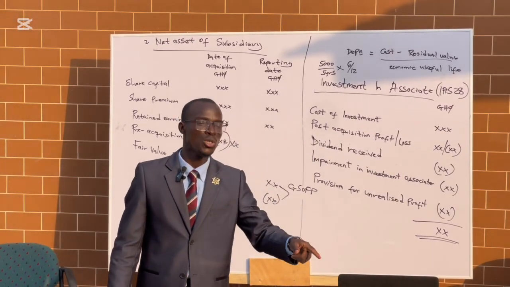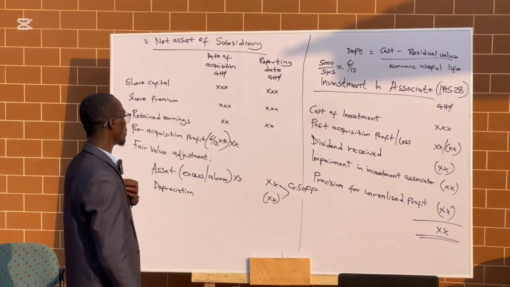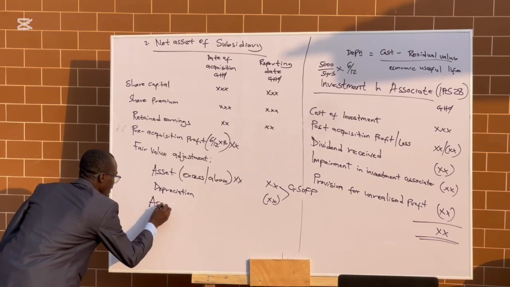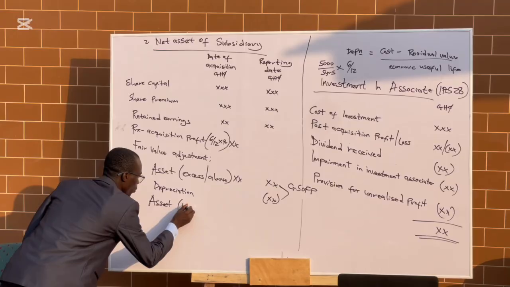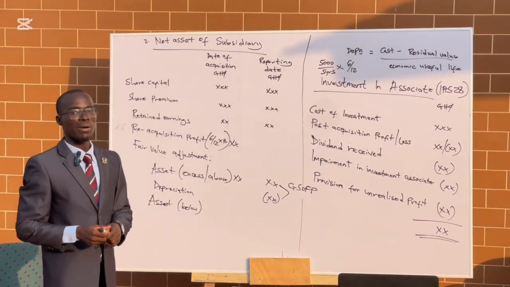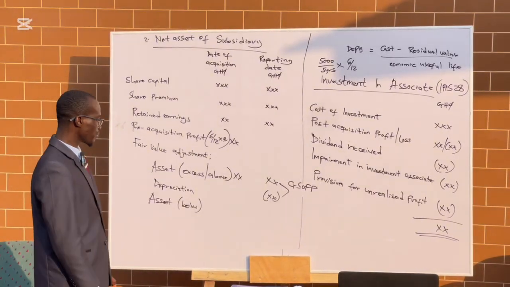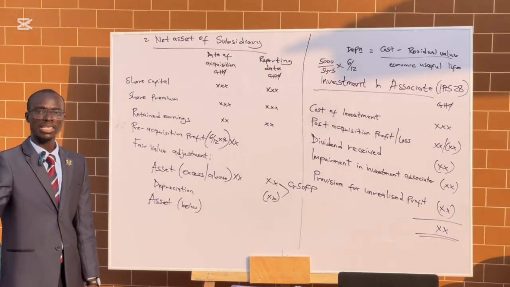So it means that you have overstated the price of the laptop in your books. So that one too, we call it when the asset is below. The examiner will tell you that when the fair value is below the carrying amount, you need to come and subtract it, because the fair value of the asset is no more 5,000, but 4,500.